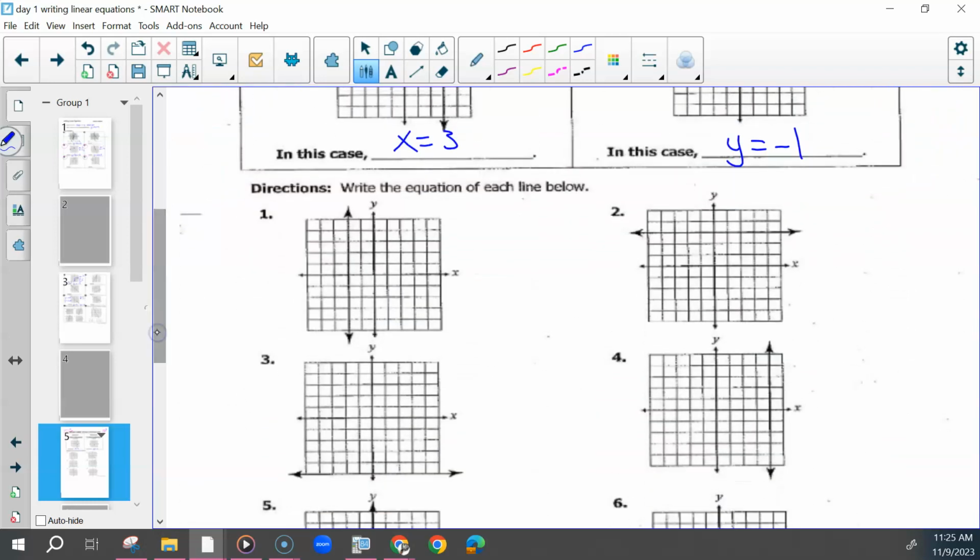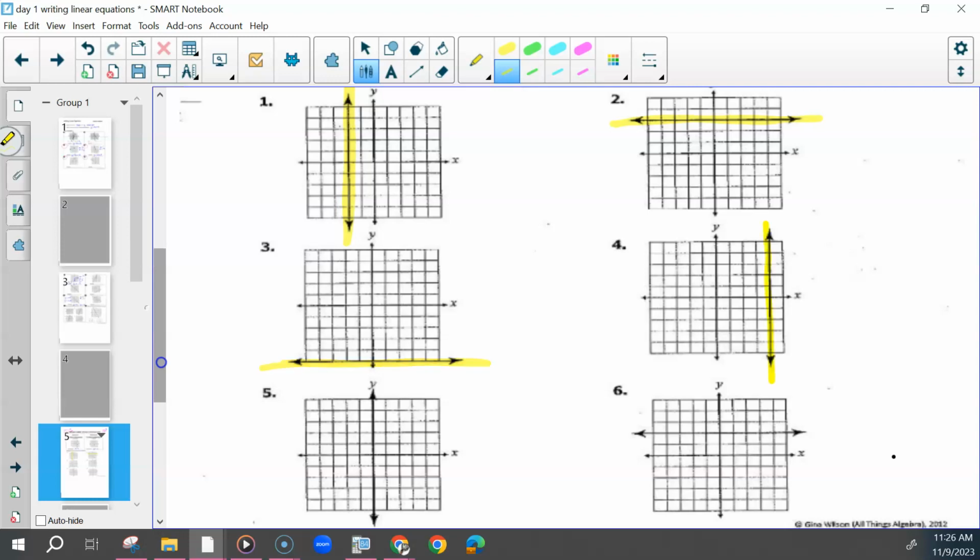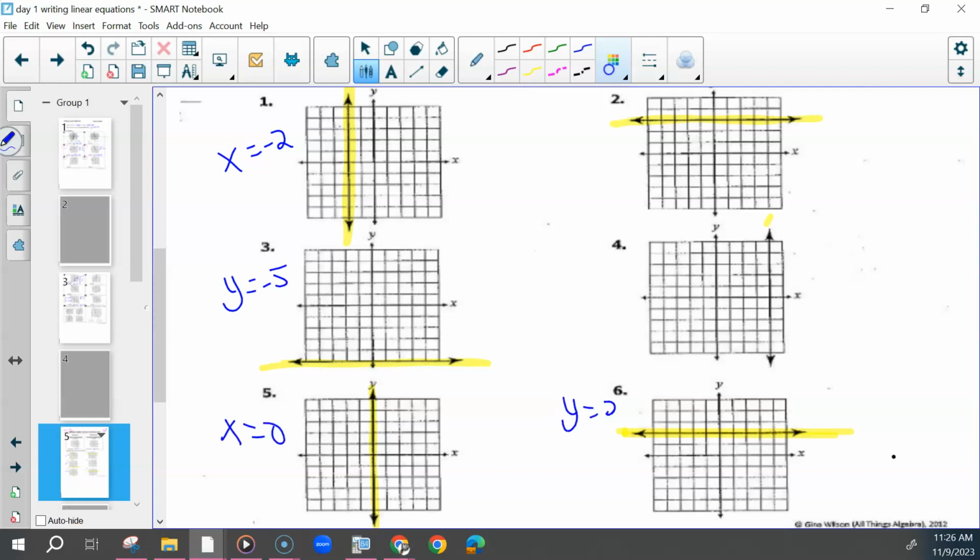I will highlight the lines just in case you can't see them. Check your answers with mine.